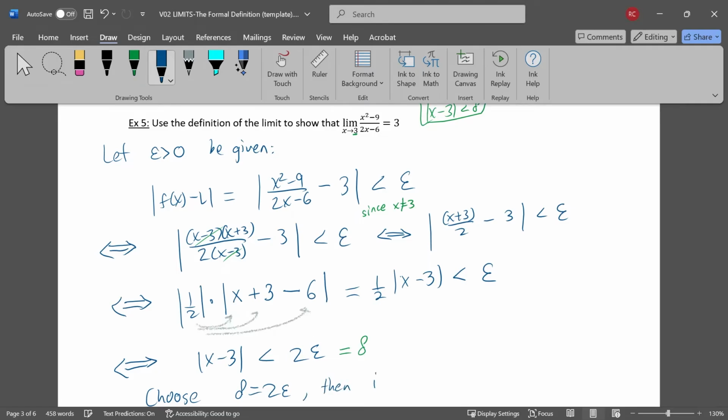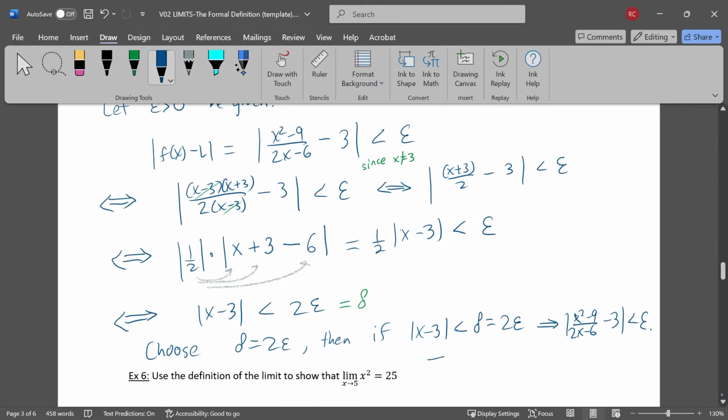Then we've shown that if the absolute value of x minus 3 is less than delta, which is 2 epsilon, that will imply that the absolute value of x squared minus 9 over 2x minus 6 minus 3 is less than epsilon. Therefore, the limit as x approaches 3 of x squared minus 9 over 2x minus 6 is 3. By definition.